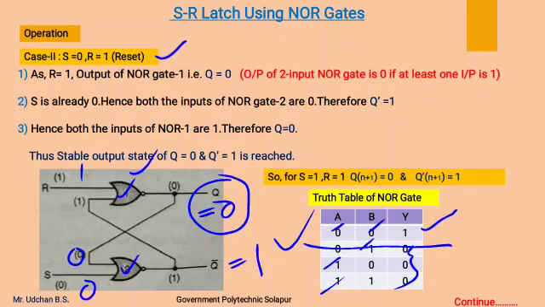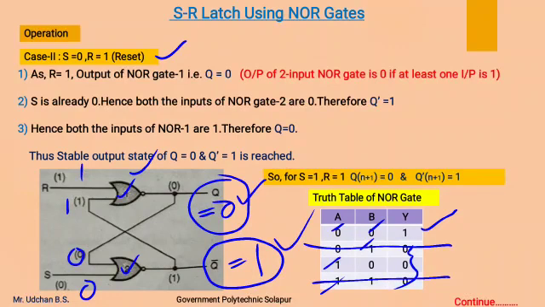Now as Q complement becomes 1, another input of this NOR gate will be 1. Therefore both the inputs of NOR gate 1 are now 1. Therefore Q will be 0. For 1 1, output of NOR gate is 0.